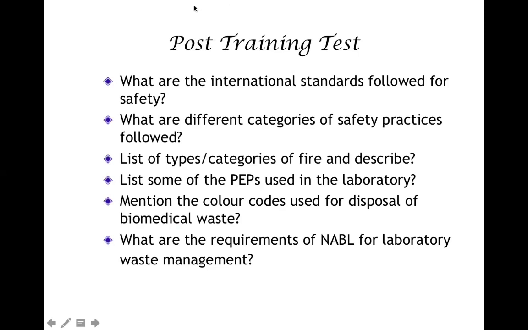Now, what have we studied today? What are the international standards followed for safety? We discussed the different categories of safety practices followed, the different categories of fire, some of the PPE used in the laboratory, color codes for disposal of biomedical waste, or you can say accreditation body requirements for waste management.